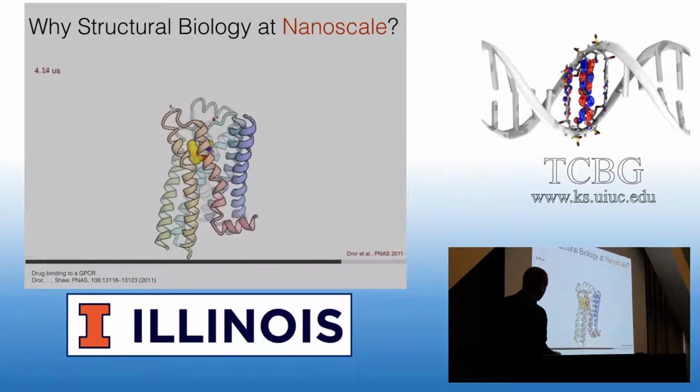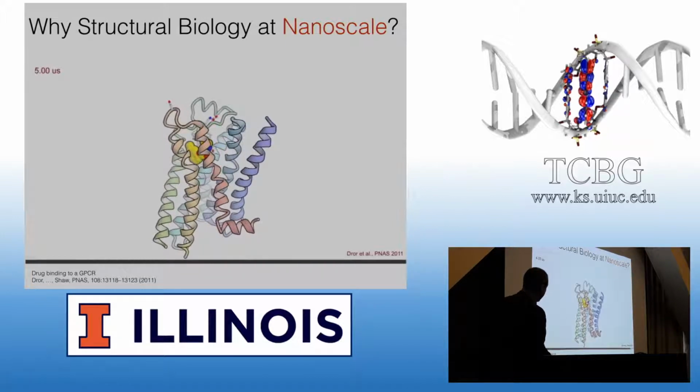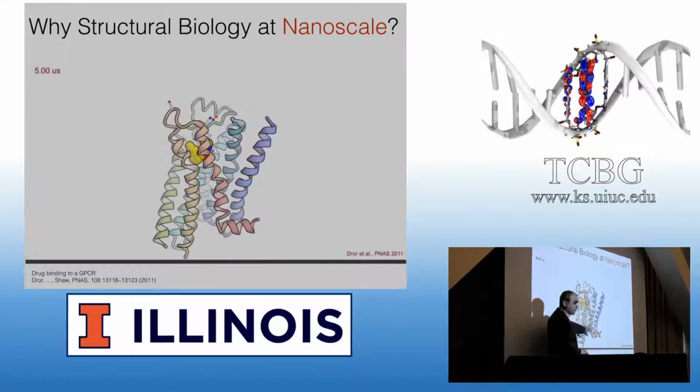It took about 5 microseconds, or a few microseconds, to find the right binding. This was done before this structure was crystallized with the ligand. And once the crystal came out, they were right on target. So it's really impressive.